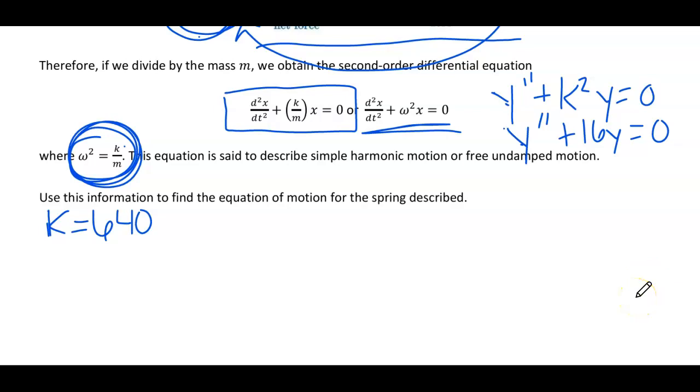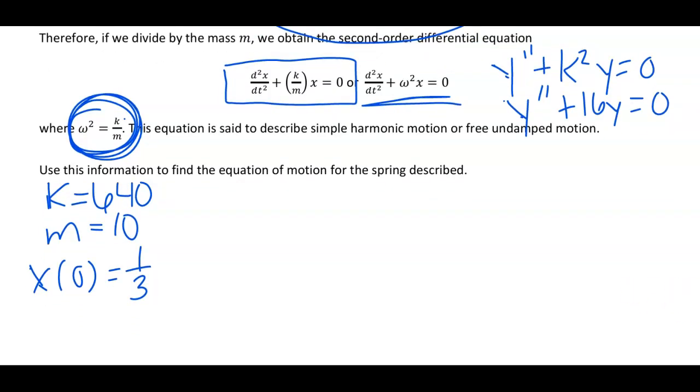And we're going to use the very original mass of 10. We put it into motion by saying x of 0 was pulled down by a third. Now, it was just released, like I didn't push it in any way. So my velocity at 0, or x prime at 0, must be 0 because I just let it go.